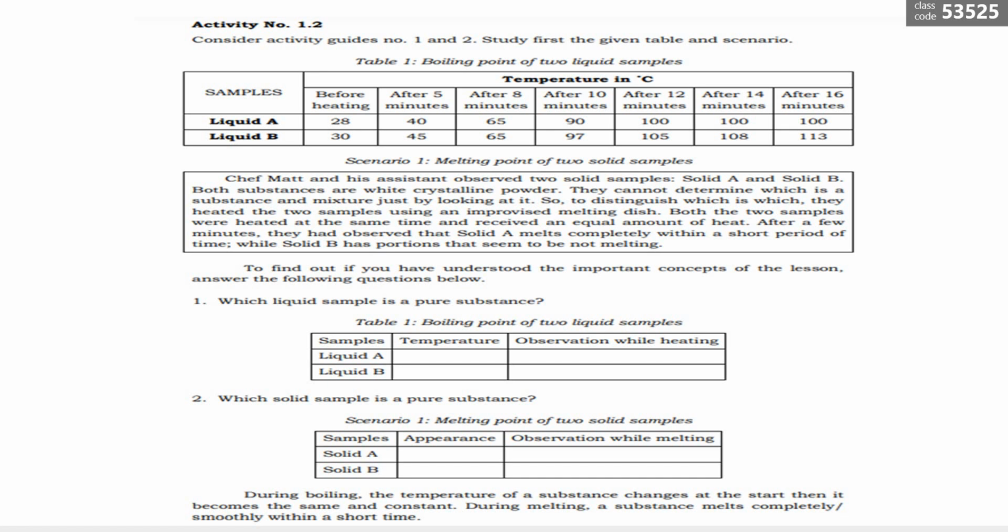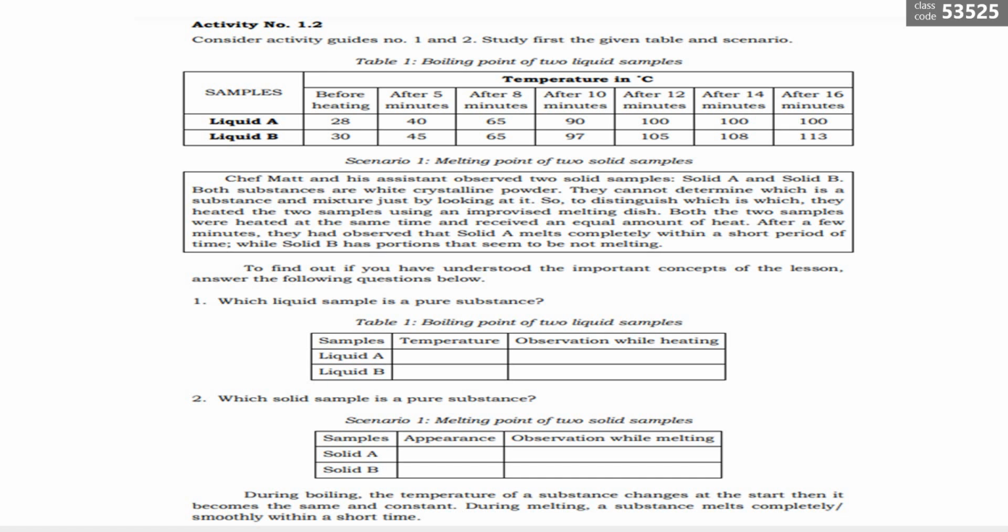After 10 minutes, liquid A is 90 and liquid B is 97. After 12 minutes, it becomes 100 for liquid A and 105 for liquid B. After 14 minutes, liquid A stays at 100 while liquid B is 108. And after 16 minutes, liquid A is still 100 and liquid B is 113.